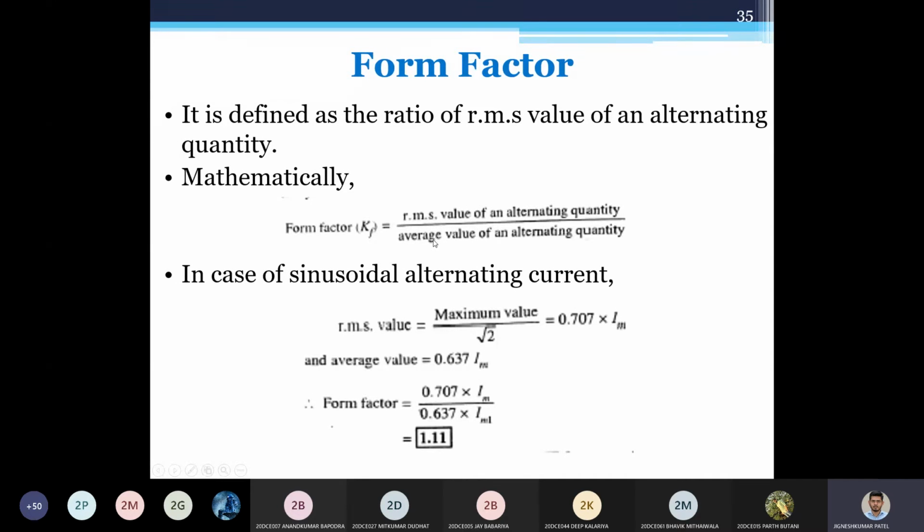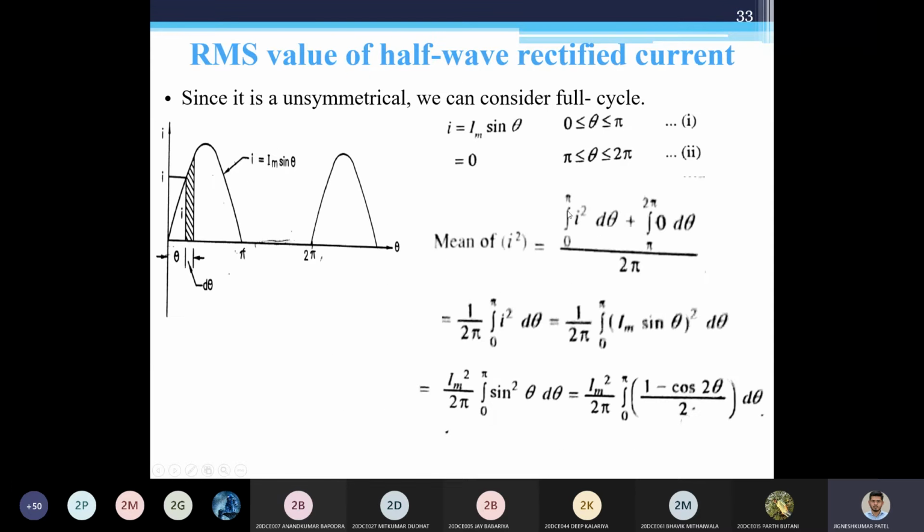For a square wave, your RMS and average values will be different. Different means you won't get 0.707 IM in the case of a triangular wave. You will get something different. The constant part would be different. Though IM would be there, this part would be different because the equation itself changes here.